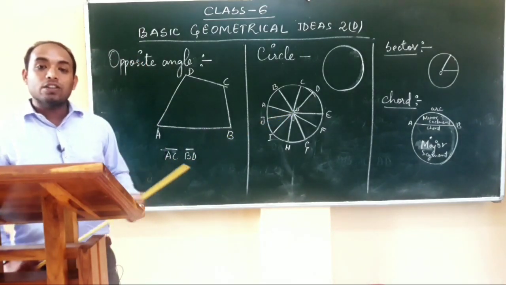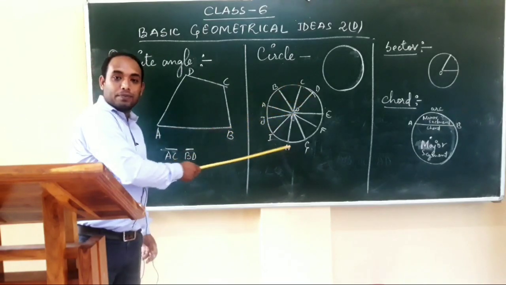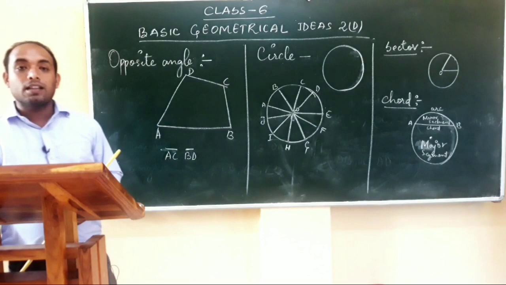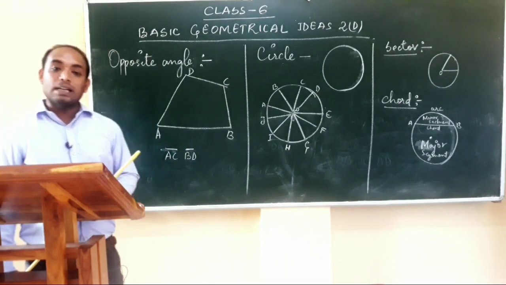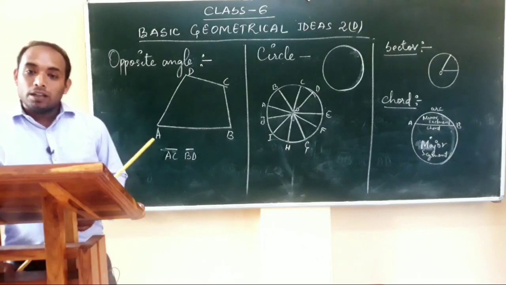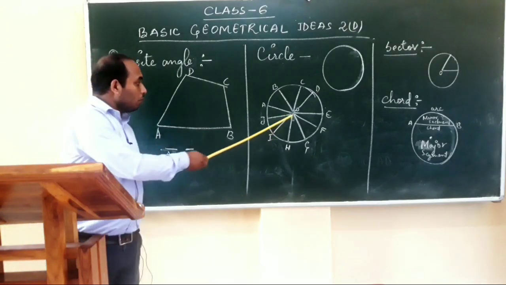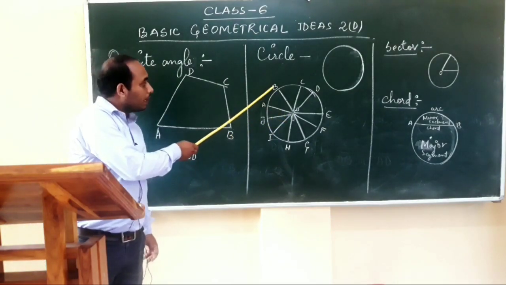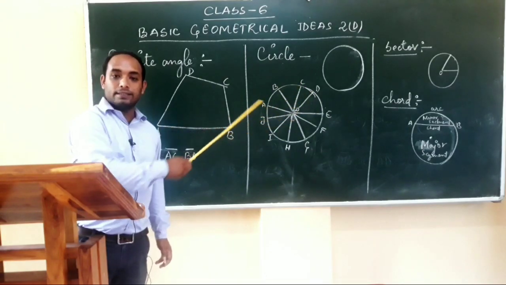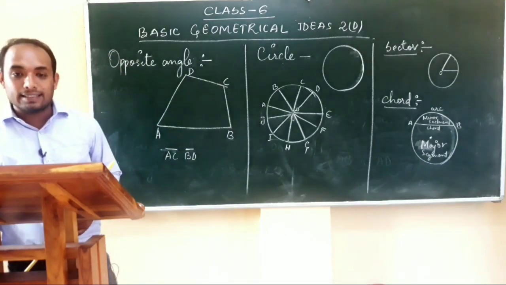The complete edge of this curved shape is called the circumference. The distance between the center point and any point of the curved edge, from O to A or O to B or O to C or O to D, is called the radius.